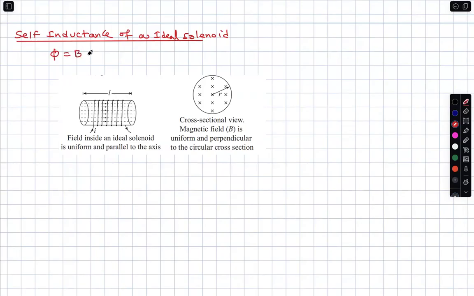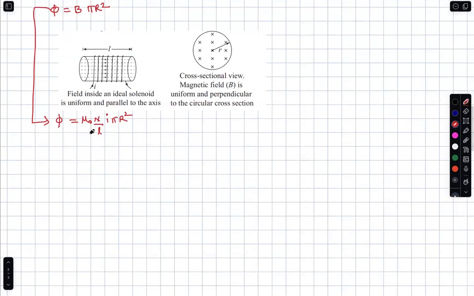Remember, flux is B into pi r square. The flux is mu naught, number of turns per unit length, into current, into pi r square. Remember, what is this? Flux linked per turn. So what is the total flux?